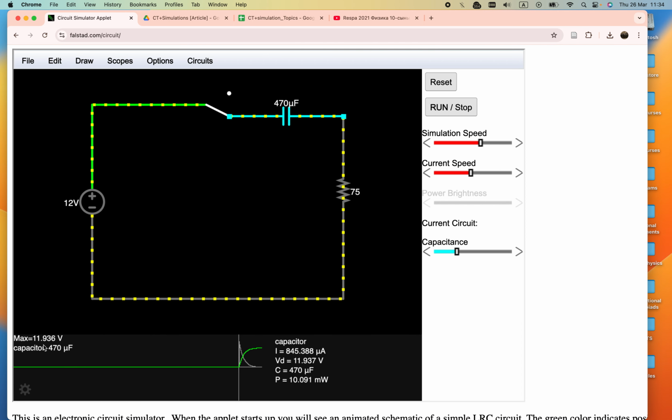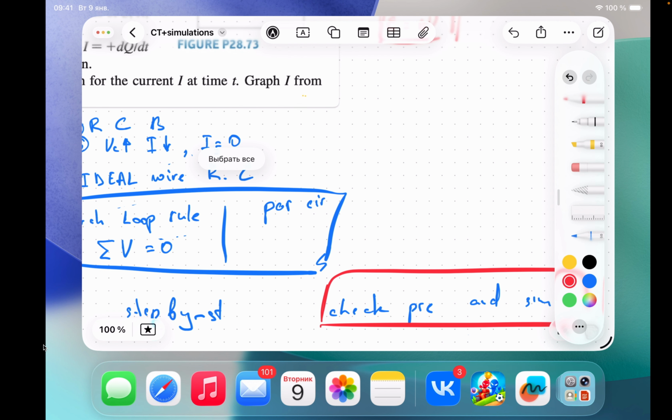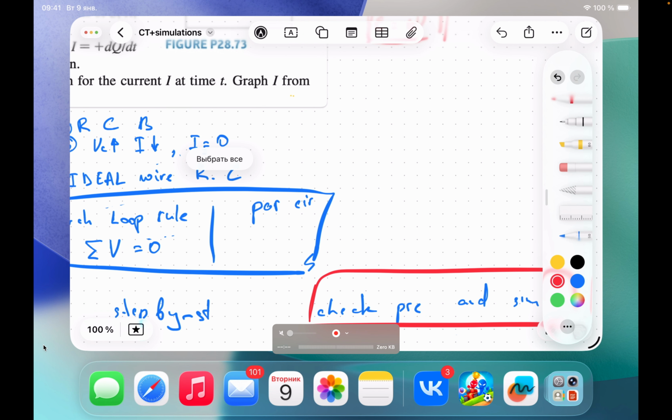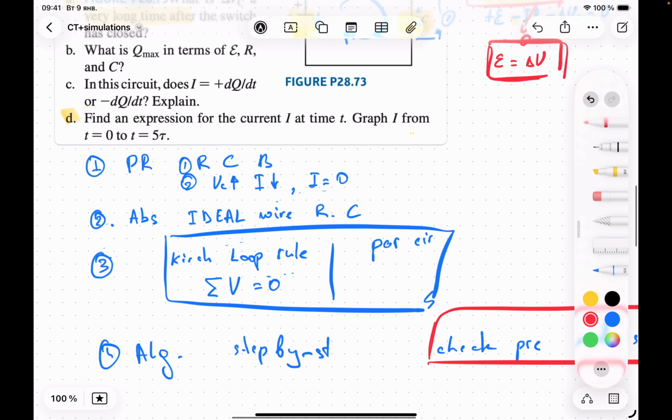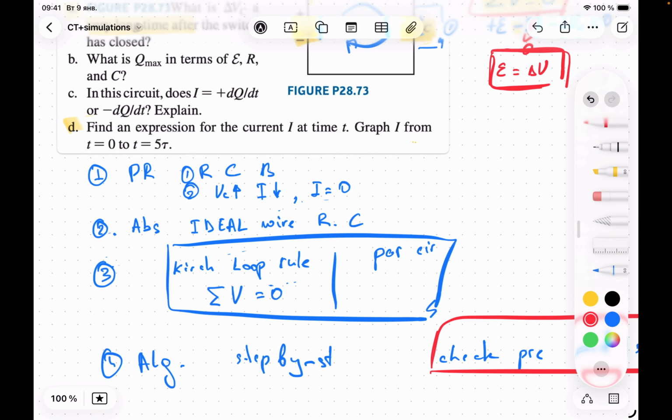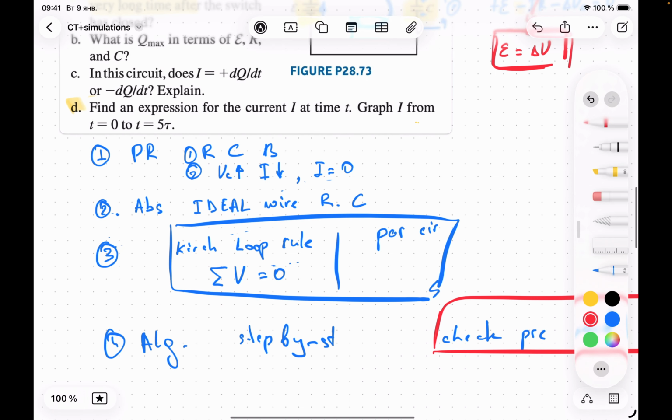So let's move to the last part of this problem, part D. Find the expression for the current I versus T graph. We have two cases given, T is T0 and T is 5 tau.